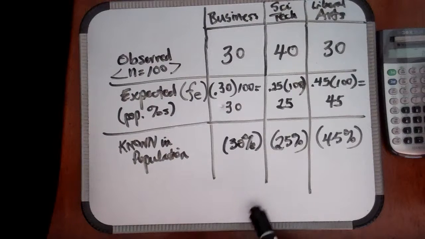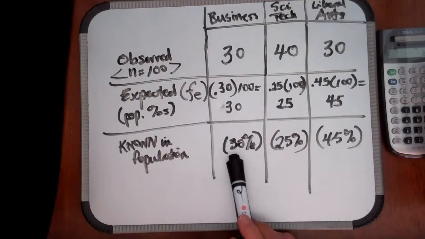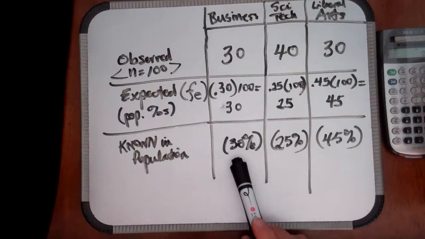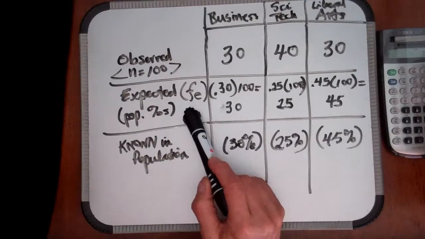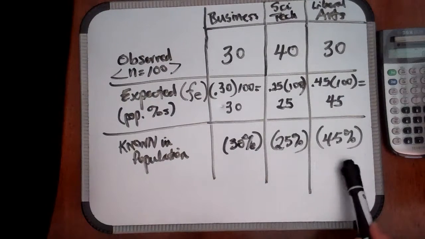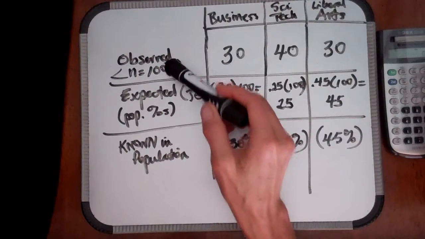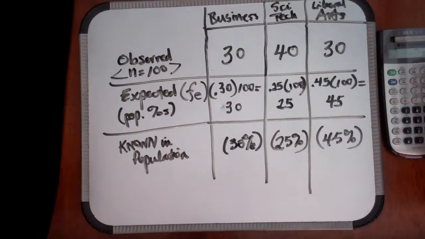Now, we've done something here. Population proportions are oftentimes reported in percentages, and so you need to convert those percentages to expected frequencies for these columns by simply multiplying by the number of observations in your sample.